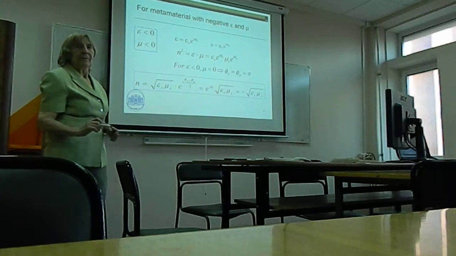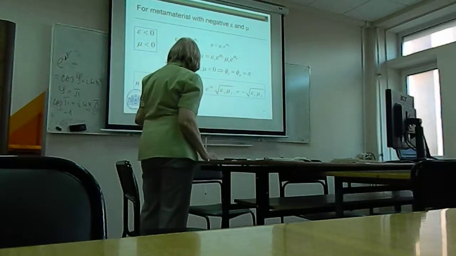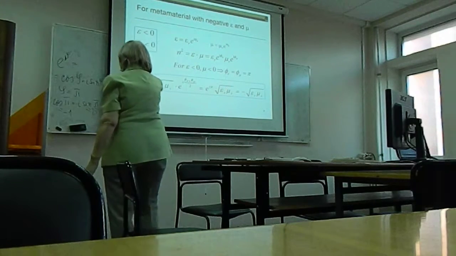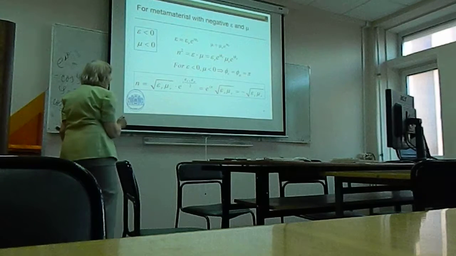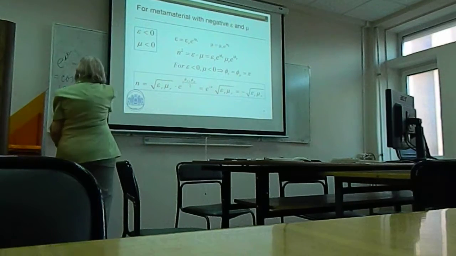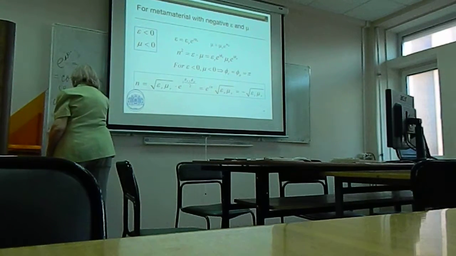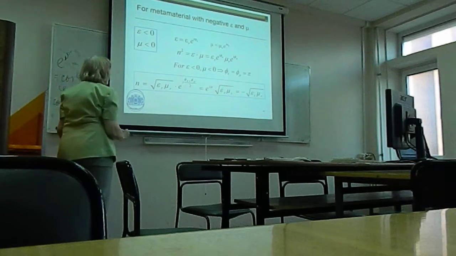Okay? So, if this phase parameter is equal to pi, then it is equal to -1.